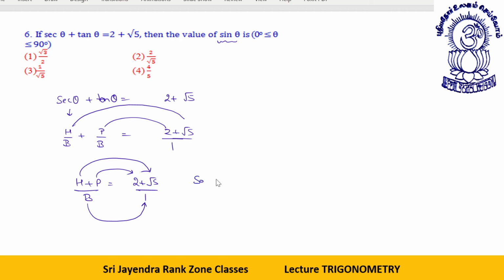So H is equal to root 5, B is equal to 1, P is equal to 2, sine theta is equal to 2 by root 5, or I can say option number 2 is the answer. I'm sure it is clear to all of you. Okay, let's take the next one.